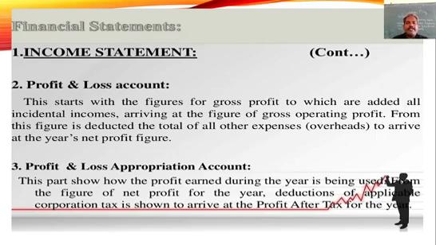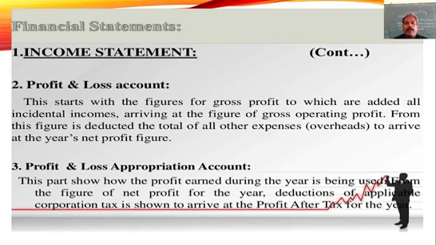Then the second one is the profit and loss account. This starts with the figure of gross profit, to which are added all incidental incomes, arriving at the figure of gross operating profit. From this figure is deducted the total of all other expenses and overheads to arrive at the year's net profit figure.